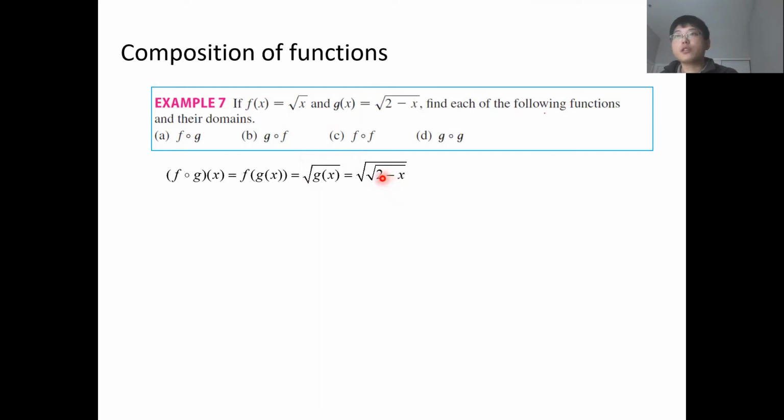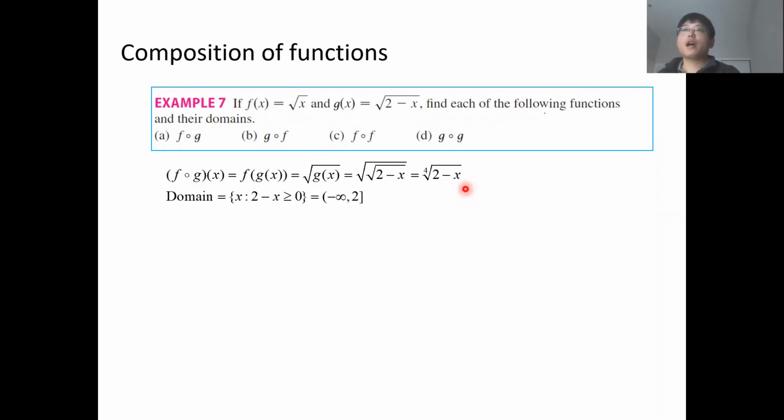Okay, so this is simply the same as 2 minus x to the 1/2 power and to take another 1/2 power. So by the product rule of the exponential function, you should realize that this is nothing but the 4th root of 2 minus x. So please make sure you're completely comfortable with this algebraic manipulation. All right, so this is the f circle g.